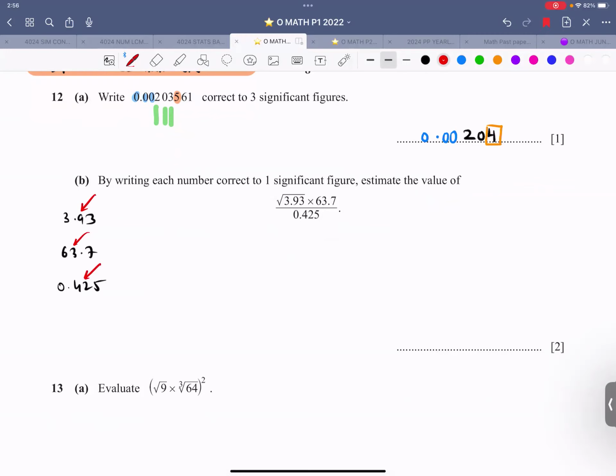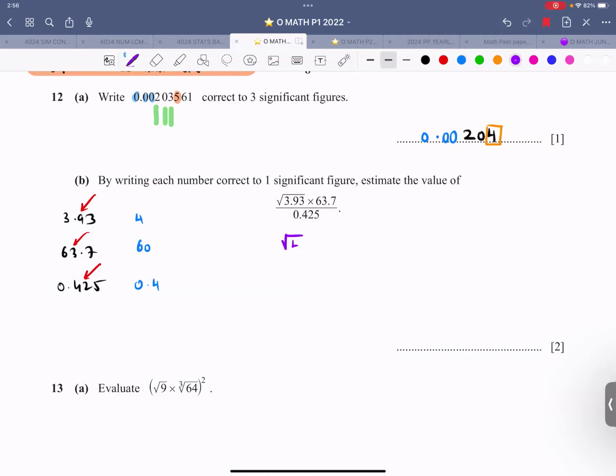So 3.93 becomes 4.0, and actually it just becomes 4. 63.7 becomes one significant figure. So 64, the 4 rounds the 6 up, that is 60. And 0.425 actually becomes 0.4. So now let me multiply it out.